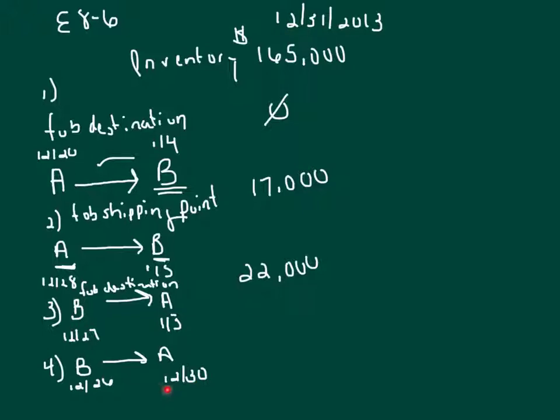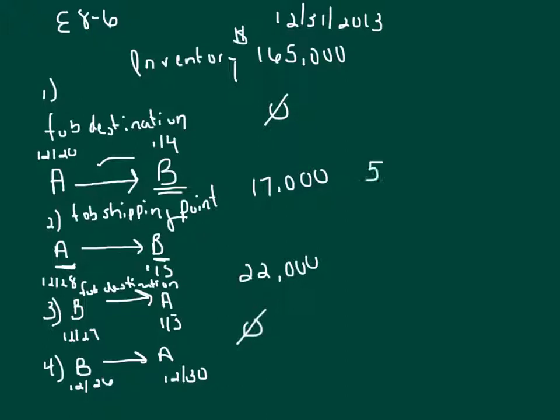So these goods were received by A by 12/30, so for these, nothing should be included in inventory because, for FOB destination, they were received by their customer by 12/30. Let's say if instead the date here was 1/1, we would have to include it in inventory. But since they've received it by 12/31, we do not include it in inventory.